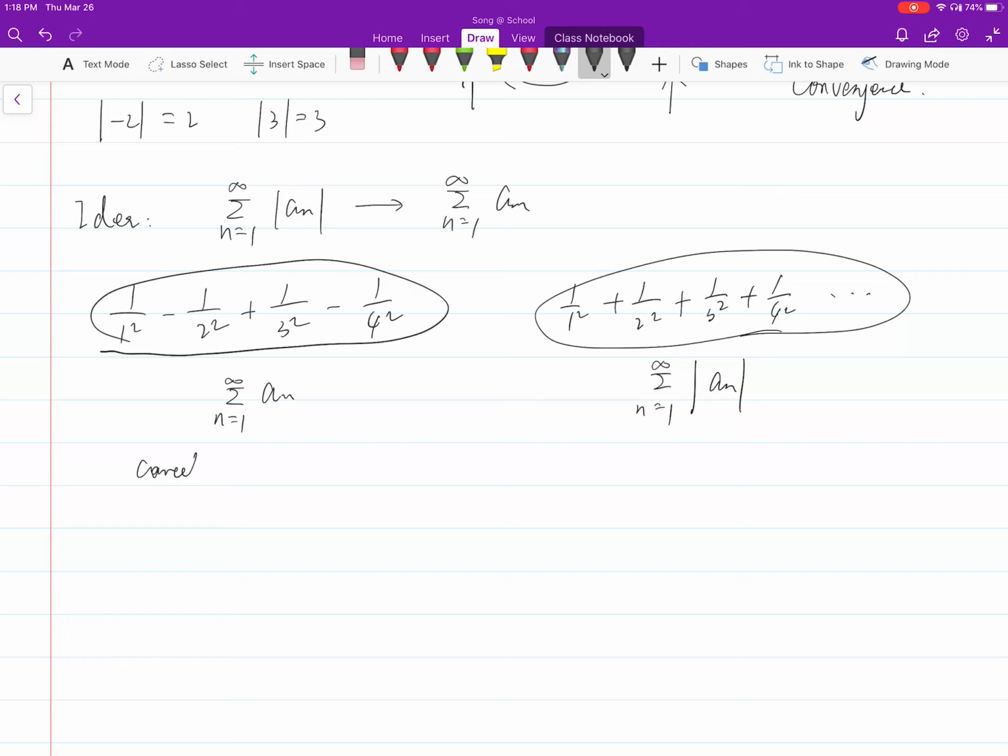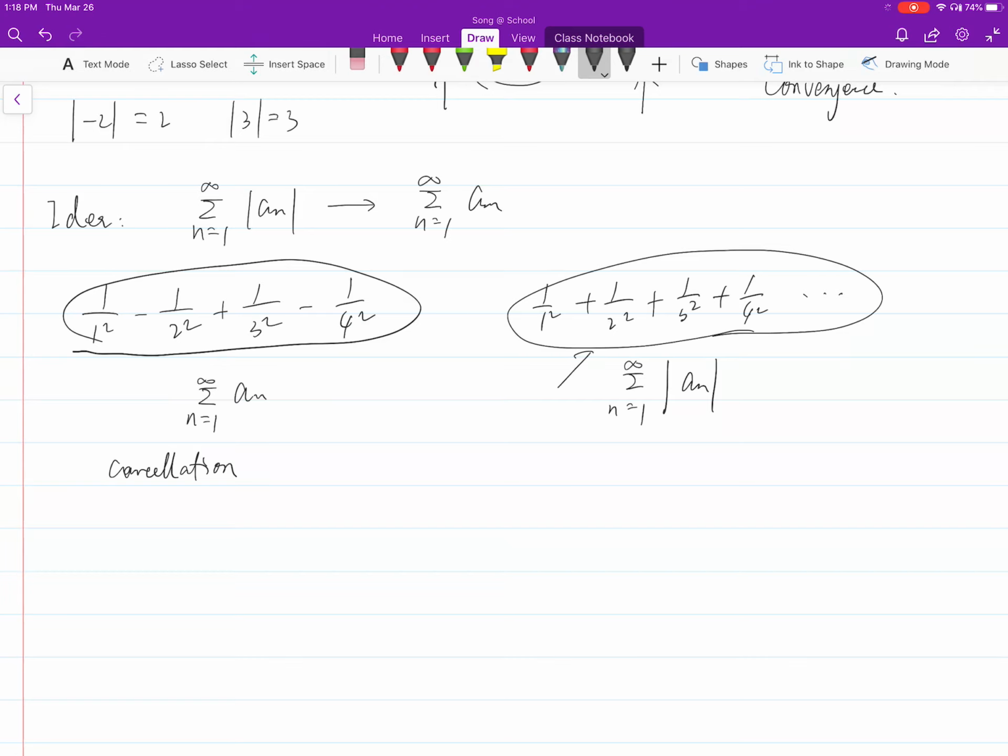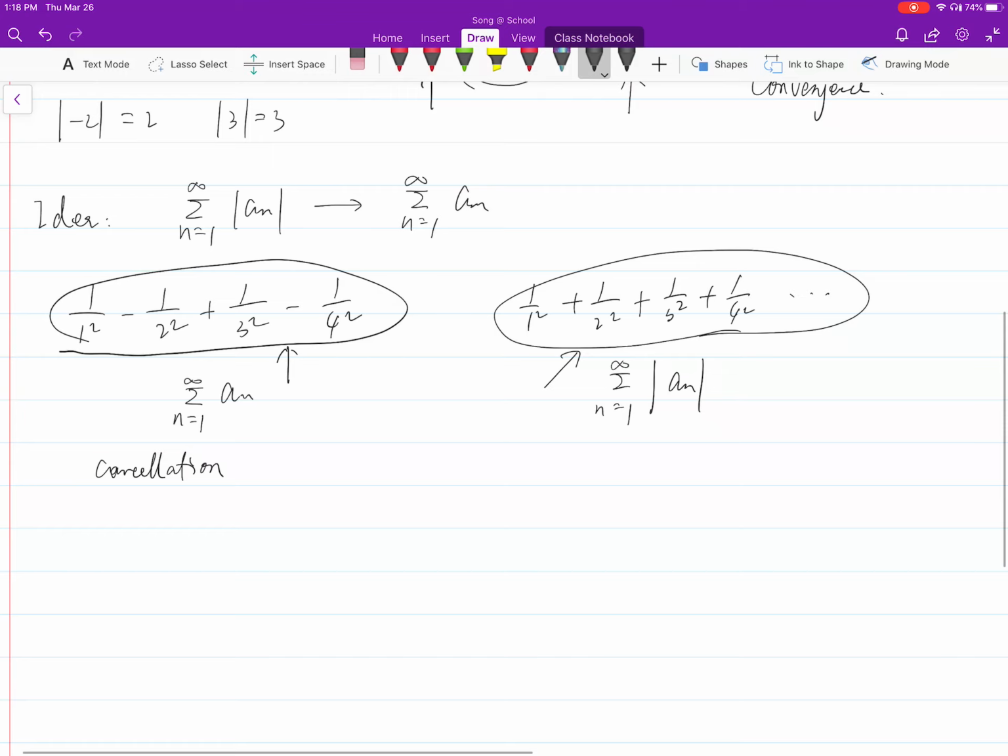Cancellation. Now on one side, you have all the values just keep going up. On the other side, the same values, but sometimes they cancel a little bit. Maybe they cancel a lot, maybe they cancel a little bit, but they cancel. Of course, the one with cancellation is going to be less than the one without cancellation in terms of value.